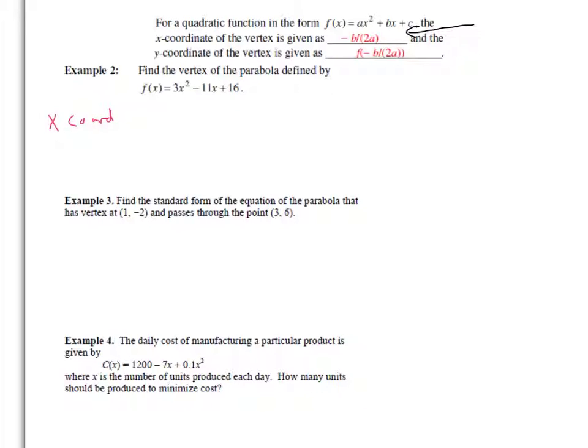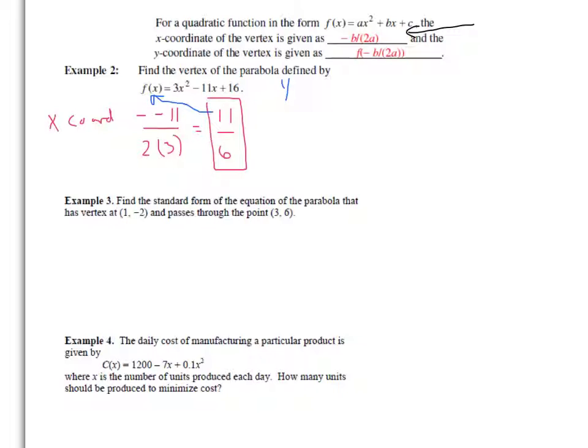I'm going to plug negative b, so I have negative 11 over 2 times 3. And so when I clean that up, I get a positive 11 over 6. Now, to get the y coordinate, I'm going to plug that back in for x.